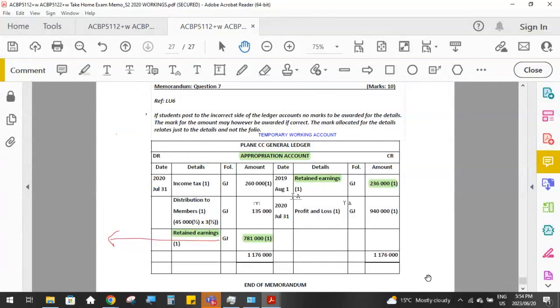Okay, so I wanted to do those two questions together so that you can see the difference in the appropriations account for a partnership as opposed to a CC. So those two questions allowed that quite nicely.